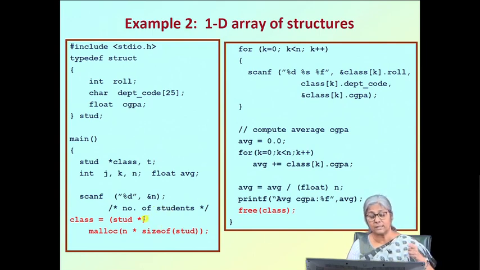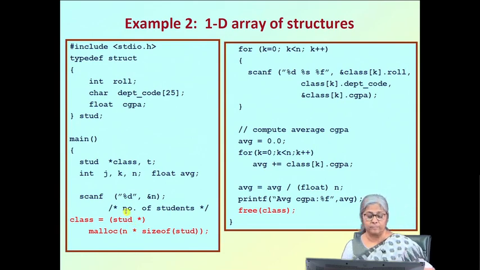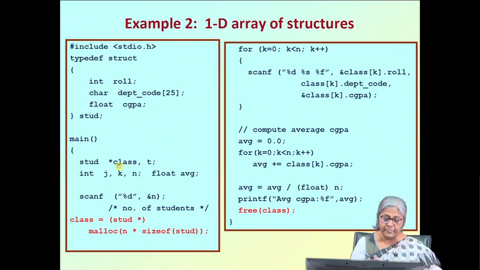So, for each student I need roll number, department code, CGPA, each student is that structure. So, n into size of stud. That means this many number of bytes are required, or I want to allocate dynamically. Then the memory is returned, typecasted to the stud type, the new data type that is defined, a structure, and it is returning a pointer, class of type stud, because class is declared as a pointer of type stud.